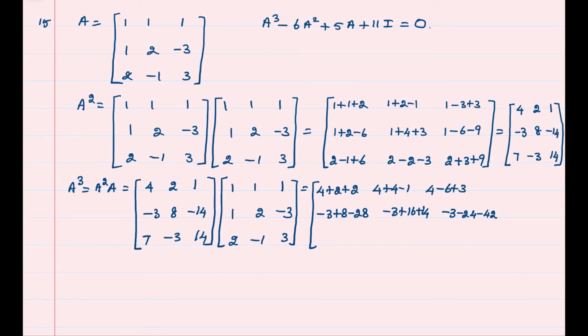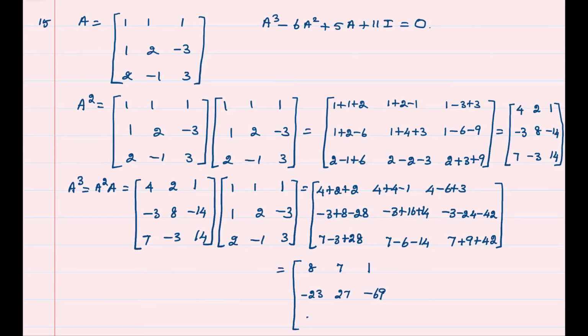Third row into first column, third row into second column, third row into third column. The answer is 8, 7, 1, minus 23, 27, minus 69, 32, minus 13 and 58.